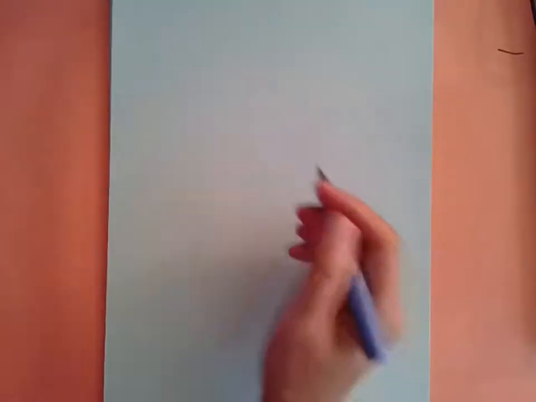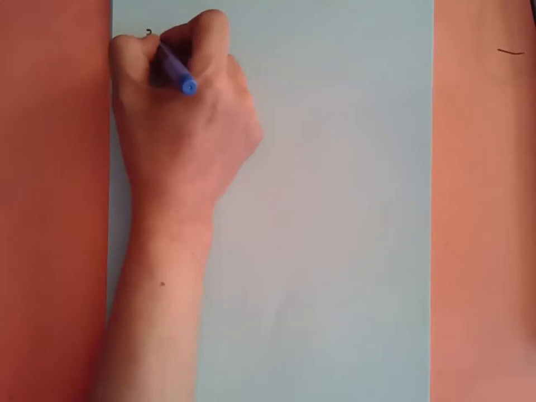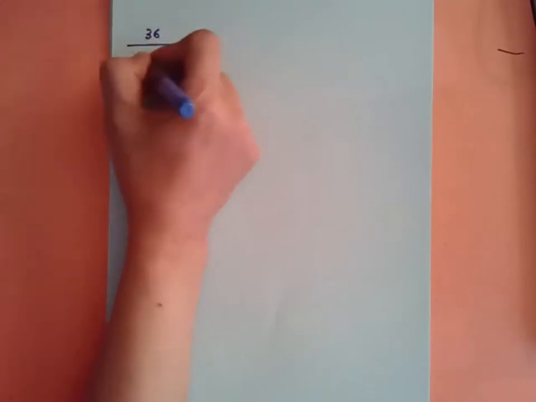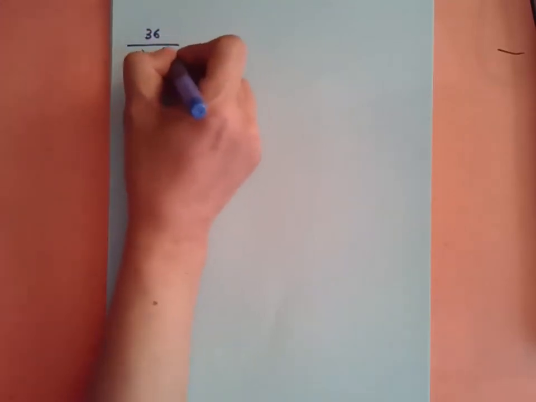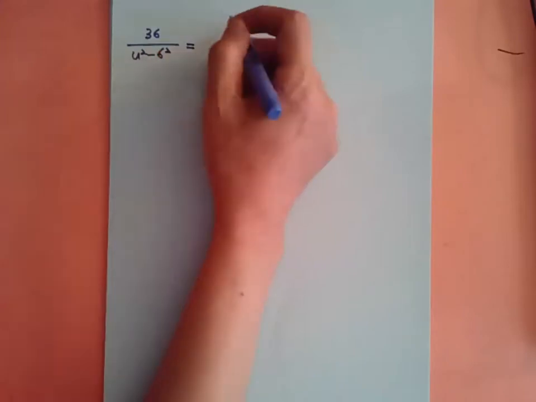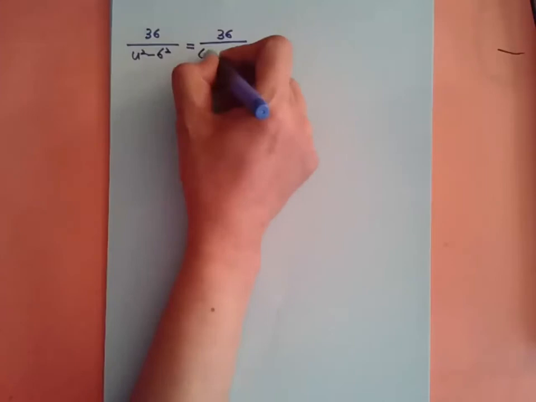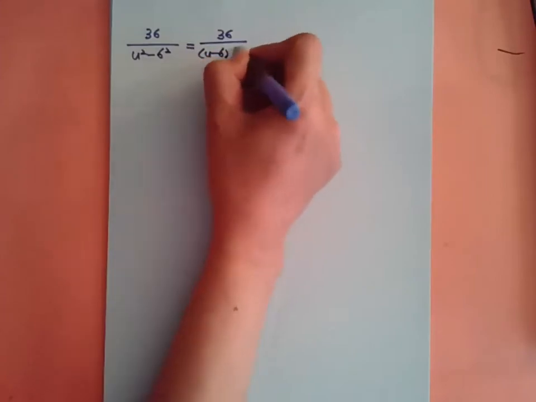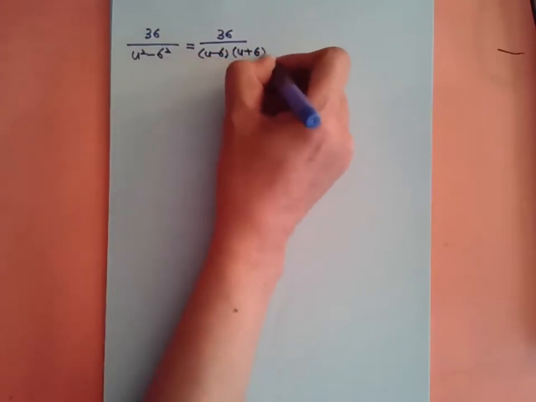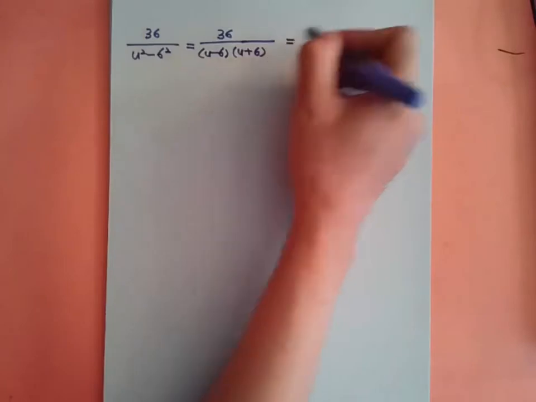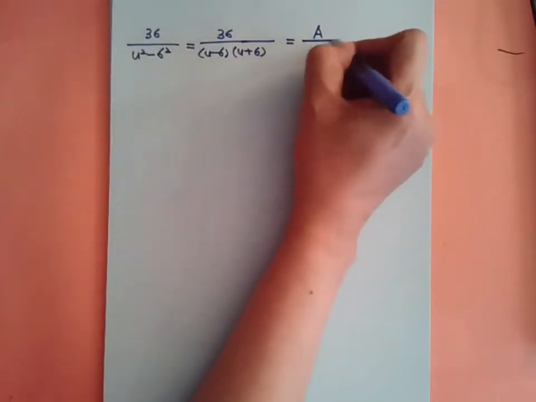So we have 36 over u squared minus 6 squared. So we will use partial fractions. So 36 over u minus 6 times u plus 6. We split that into two terms.